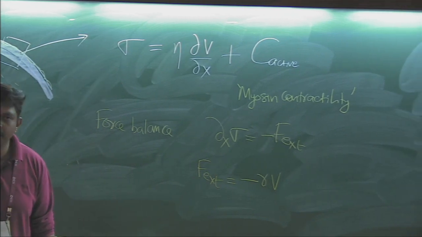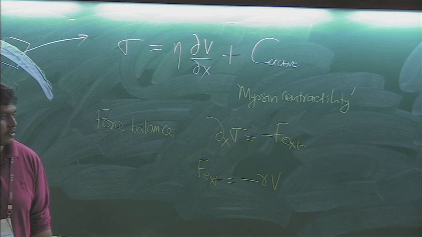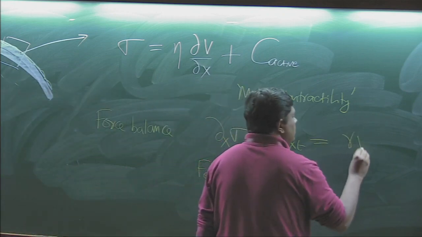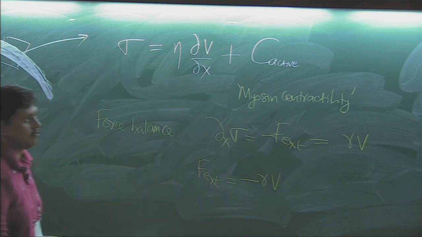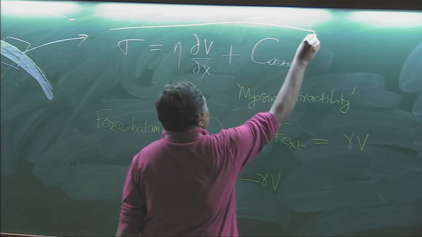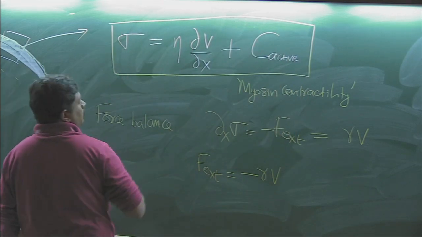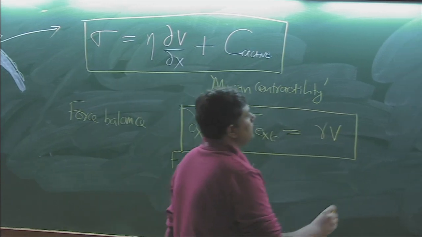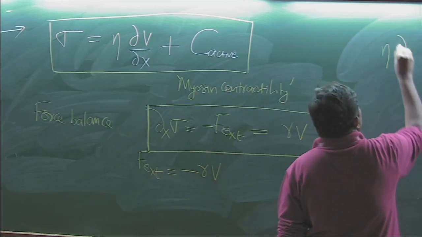It's really like a drag force on the fluid sitting on top of a substrate. So this says, therefore, that the force balance equation translates to something like that. So now you use this so-called constitutive equation and this force balance equation, and so you land up with an equation for the flow.